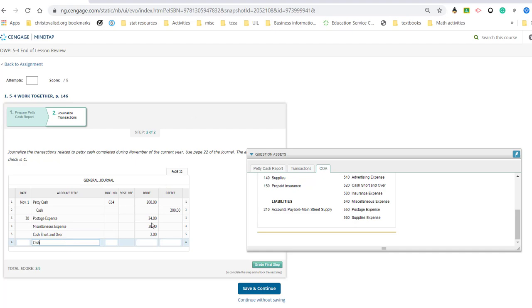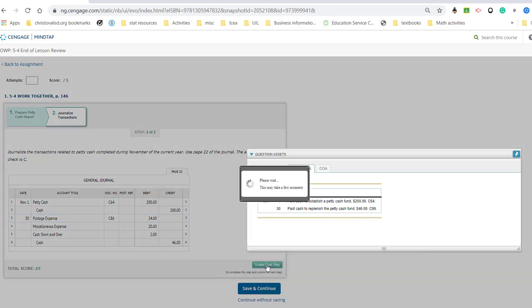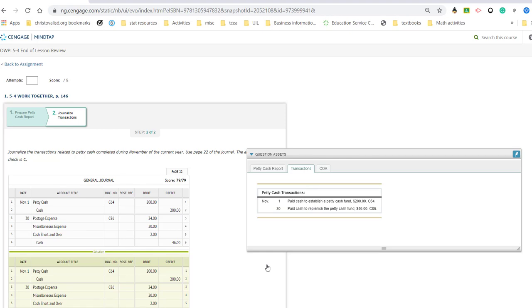If I total all this up, that's 24 plus 20, so 44, plus 2, 46. And our evidence is our check 86. And go ahead and grade your final step. Don't forget to do the on your own and then the application.